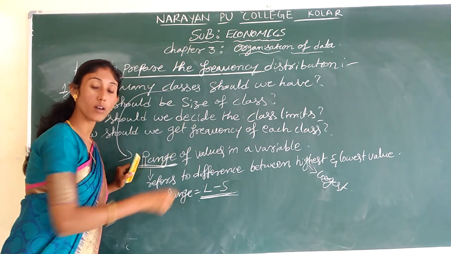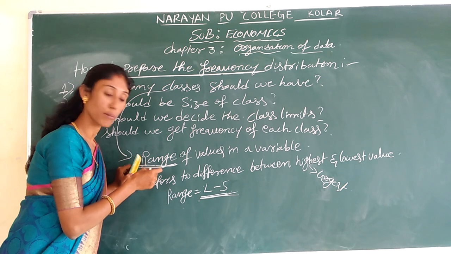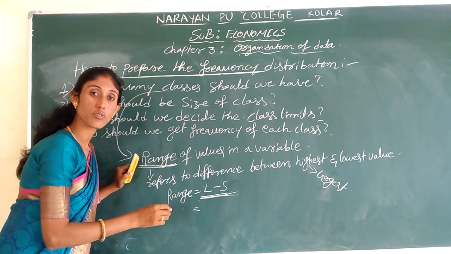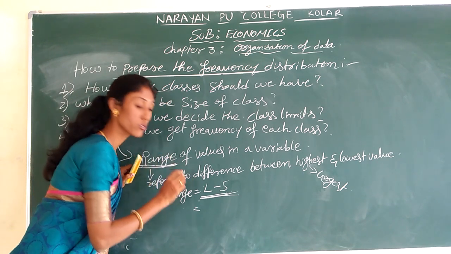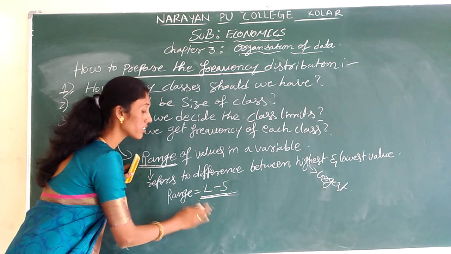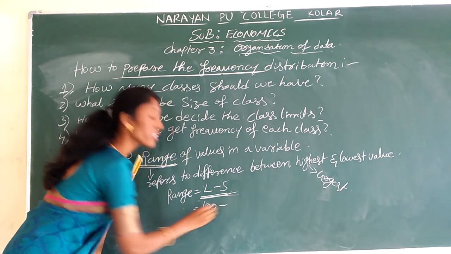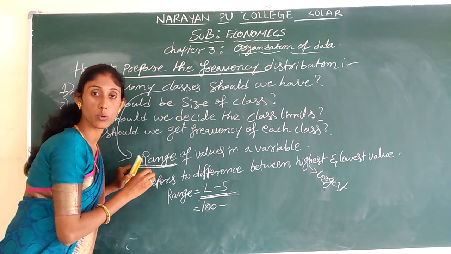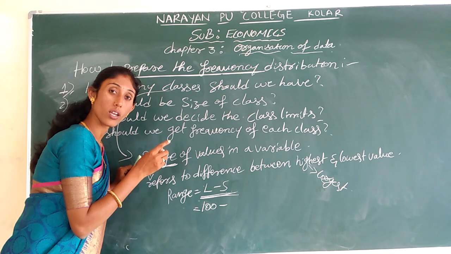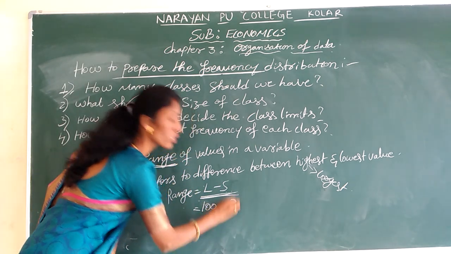Now for example, observe the raw data which I have given as an example. In that particular raw data, the largest value is 100 and the smallest value is 0.